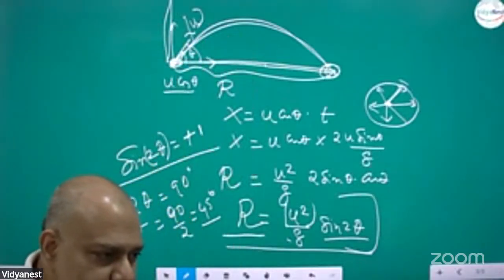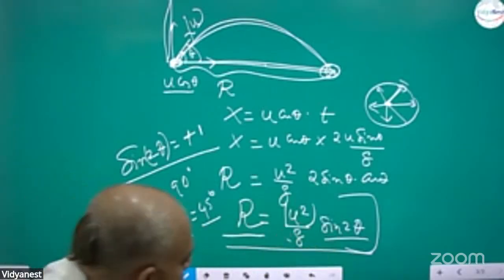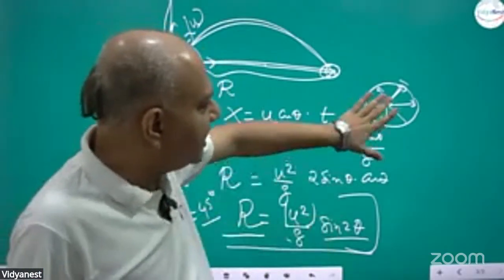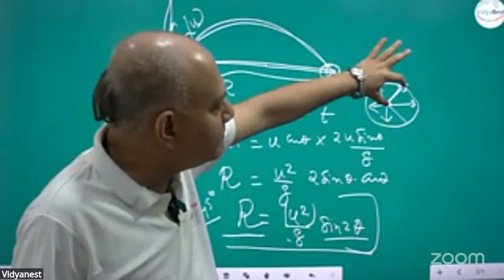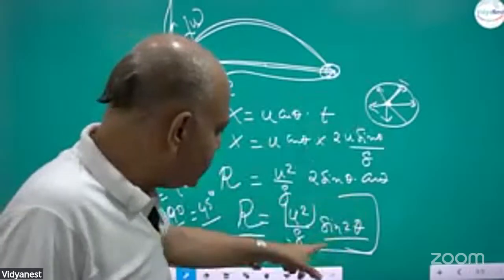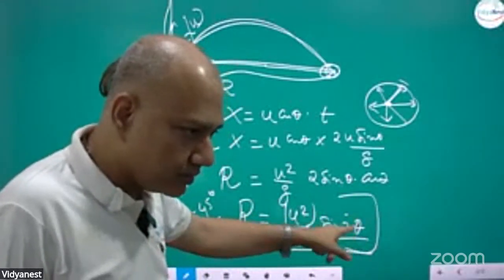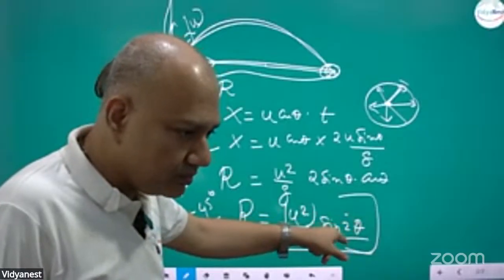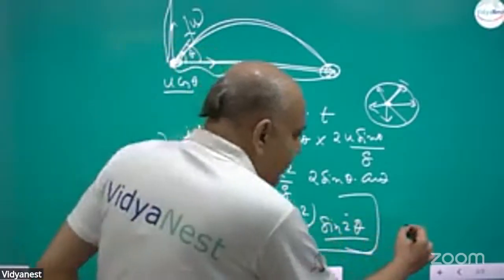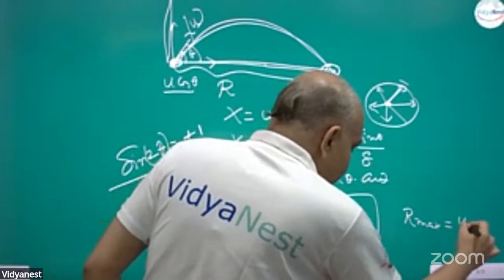Understood? Very good. So how to find it? Whenever the gun is fired at 45 degrees, the range value is u square by g sine 90, and sine 90 is 1. So the maximum range R max is equal to u square by g.